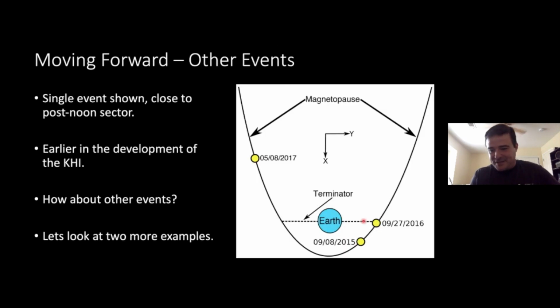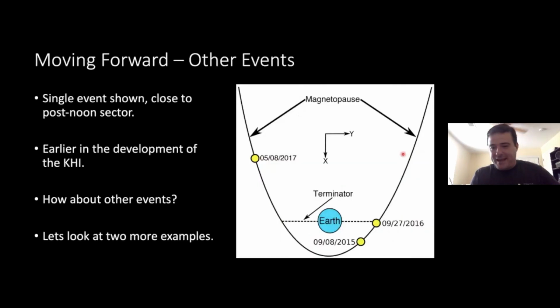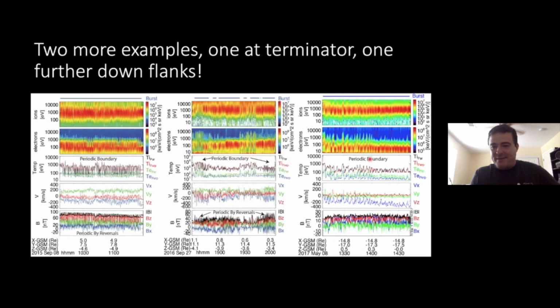And then this event is way further down the flank on the dawn side. You can see in each one we see periodic boundary crossings, periodic reversals in the magnetic field. So all of them show very similar features.